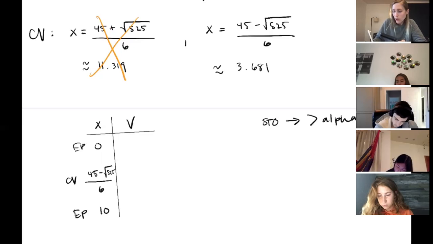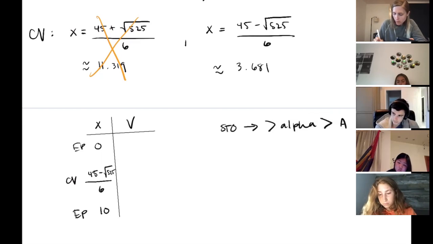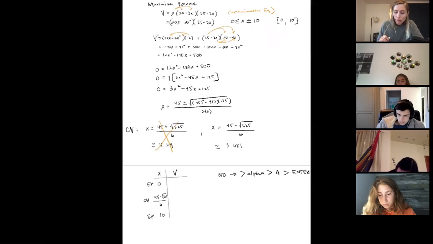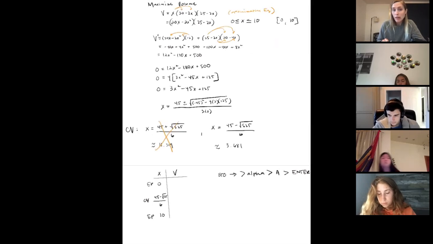So like if I store under A, the letter A, I would be hitting the math button. And then I hit enter. And the reason that you might want to do that is just so that you're not having to type that ugly value into your volume equation.